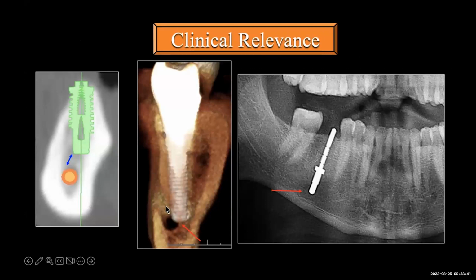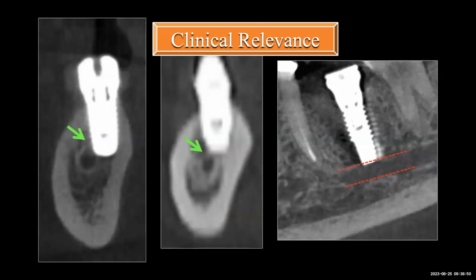If it does happen, whether you place an implant, or you're drilling and you get close to it, you have to treat it correctly. Number one, you just don't want to leave the implant there where it's going to traumatize the nerve.